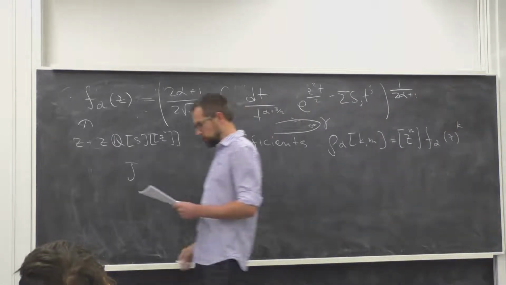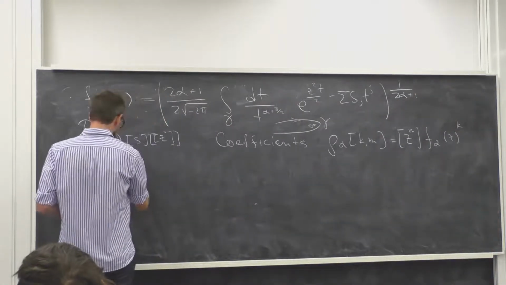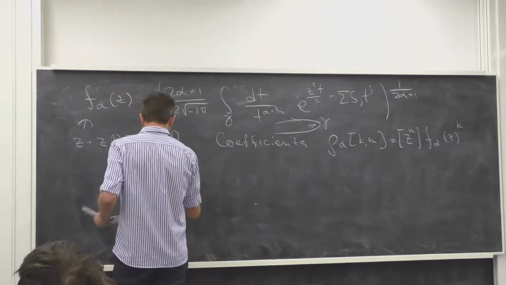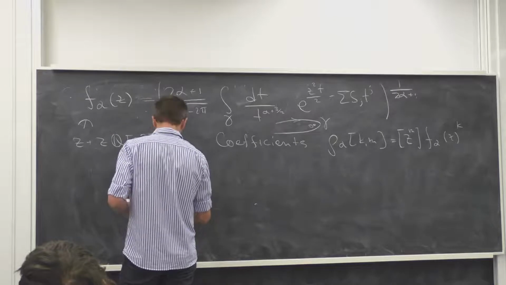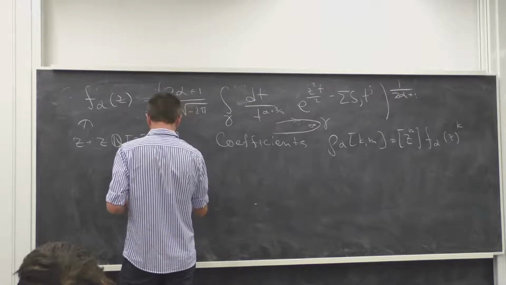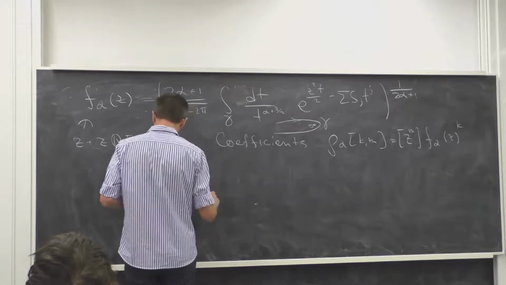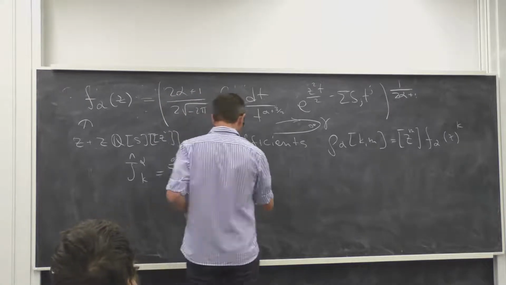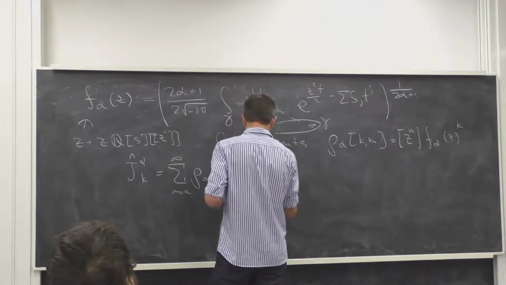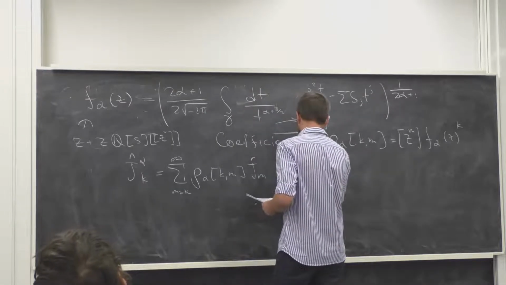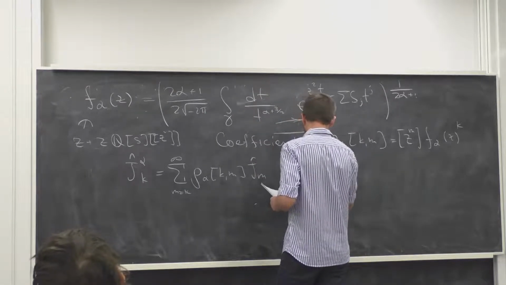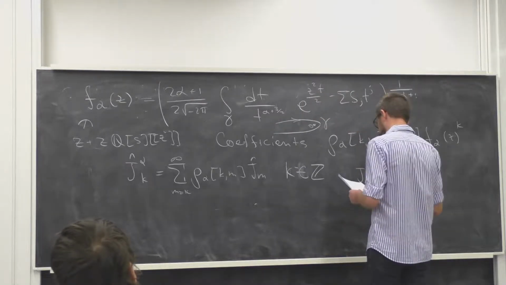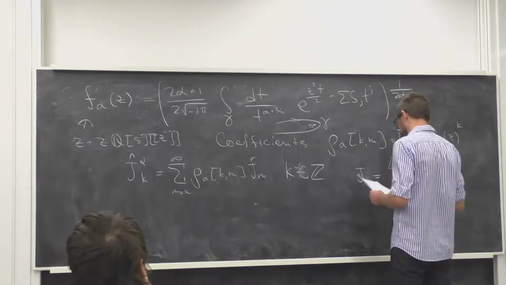And using these coefficients, we define the operators alpha k, the sum over m from k to infinity of rho alpha of k m, J m, and here J k are just the generators of the Heisenberg algebra.